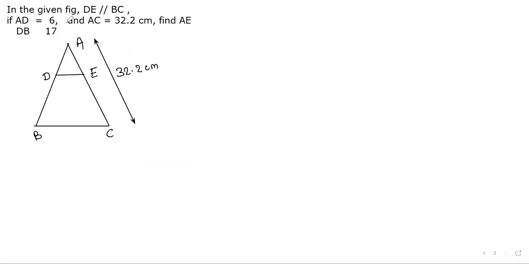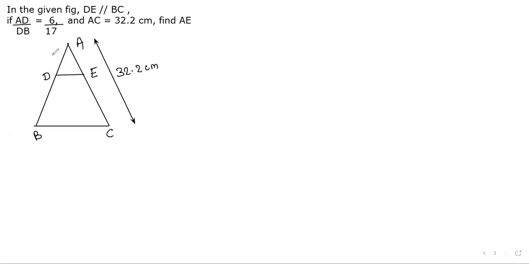Here also, what have they given to us? AD upon DB. Means what have they given us? The ratio. This time part upon part is given. Don't say part and part.